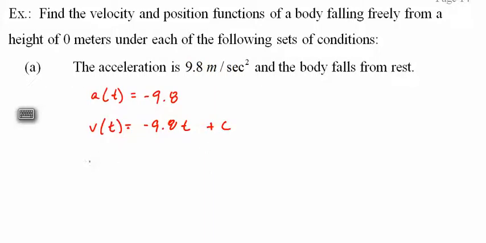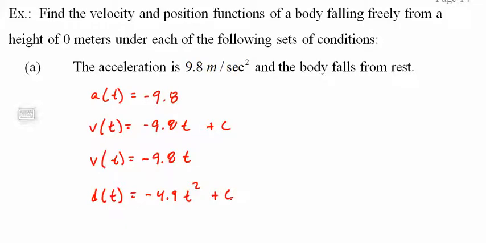Now, it starts at rest, so c equals 0. And it doesn't say where the body starts, so the position would be negative 4.9 t squared. Don't believe me? Check it out. Plus some constant c, which we really don't know.